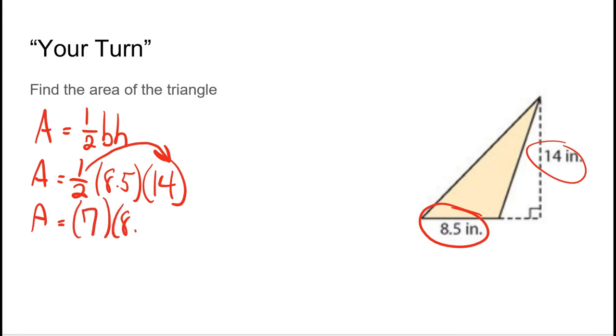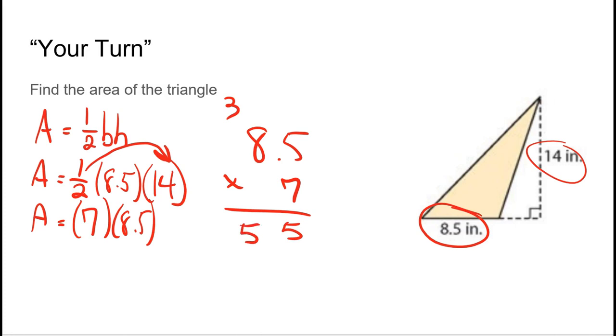And then we do 7 times 8.5. Just to jog our memory a bit when we're multiplying decimals, we multiply normally. So 7 times 5 is 35. 7 times 8 is 56, plus 3 is 59.